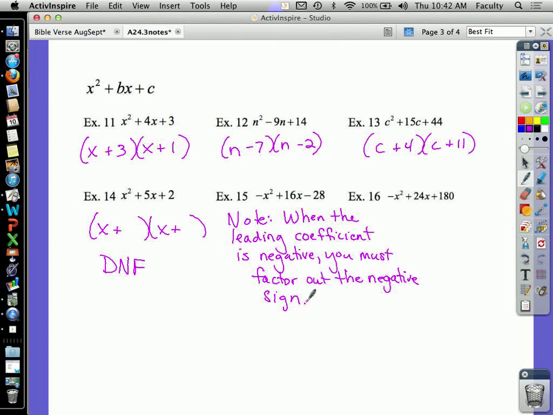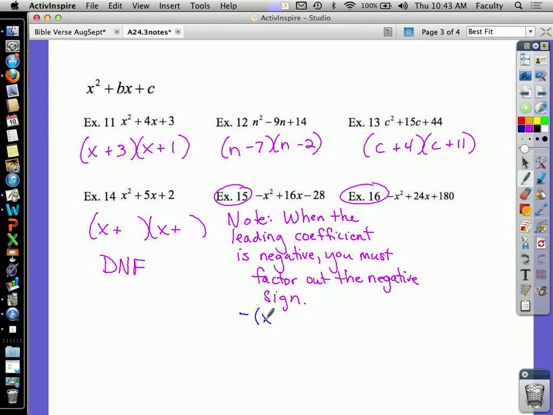This is very, very important for example 15 and example 16, otherwise it is so confusing to do this. So when your leading coefficient is negative, you must factor out the negative sign.